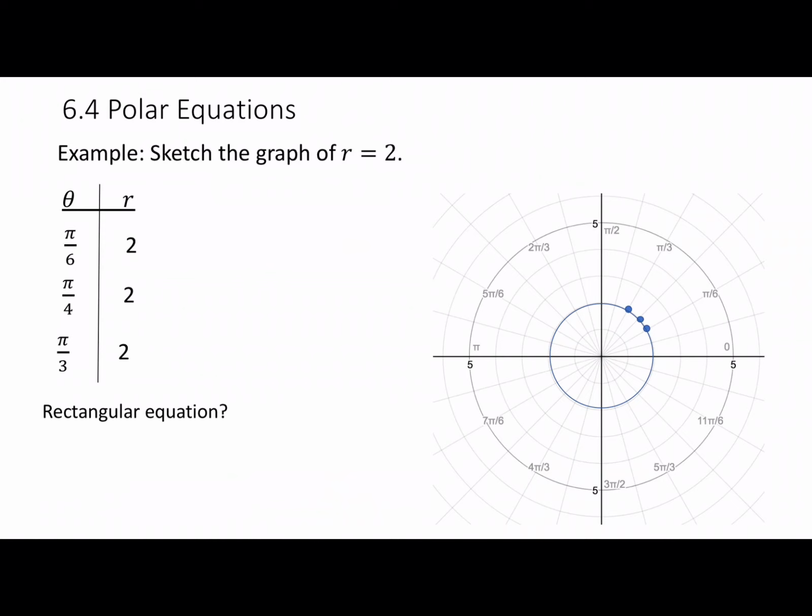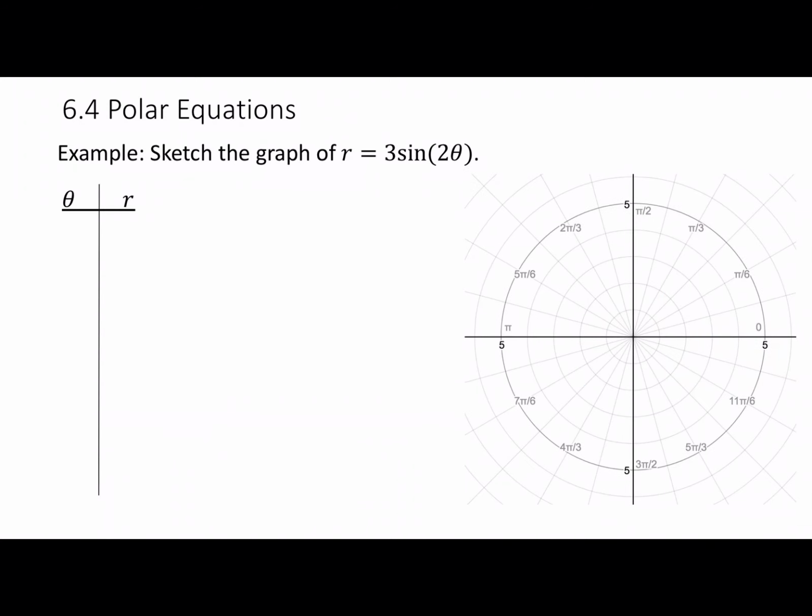So we're just going to use that fact and plug in 2 for r. So there you go. This is the circle with radius 2. X squared plus y squared equals 4. All right, so this one and the previous one you should recognize as circles and lines.